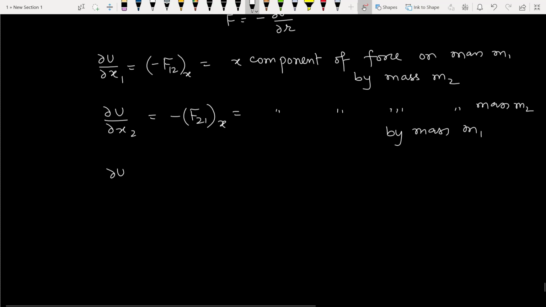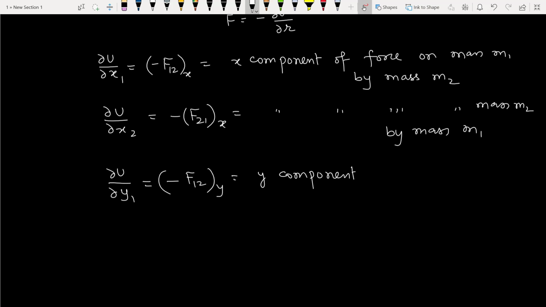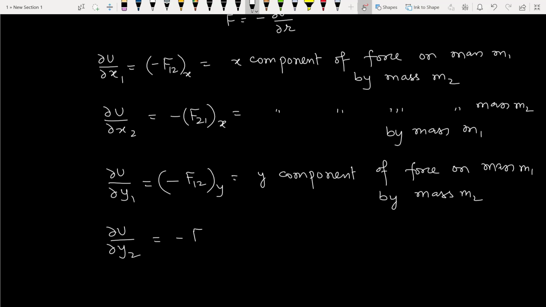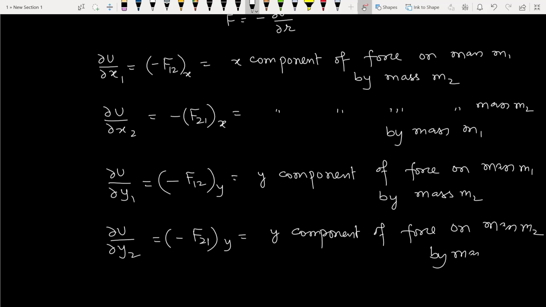Similarly, curly U upon curly y1 is minus F12 y, the y component of force on mass m1 by mass m2, and curly U upon curly y2 is minus F21 y, the y component of force on mass m2 by mass m1.